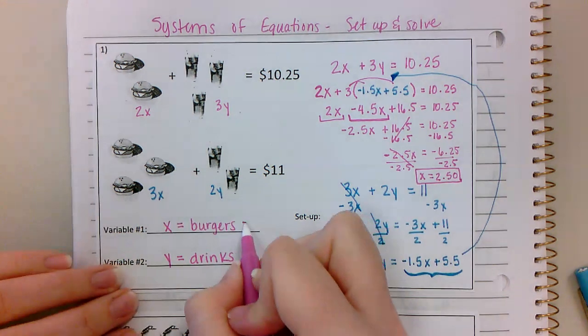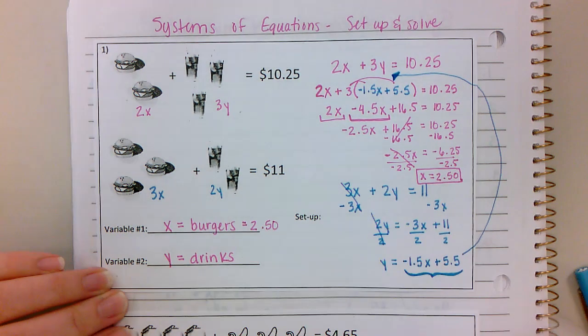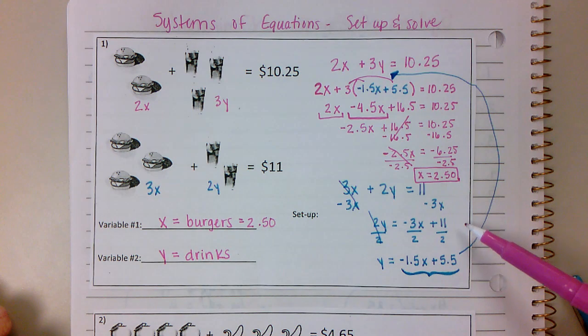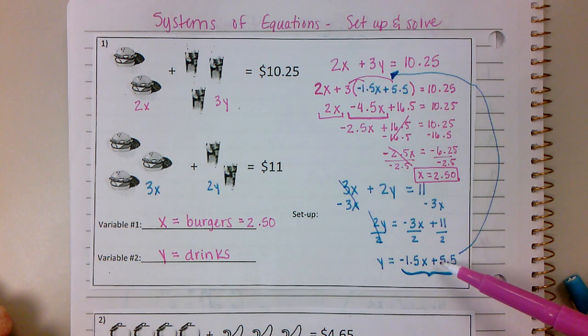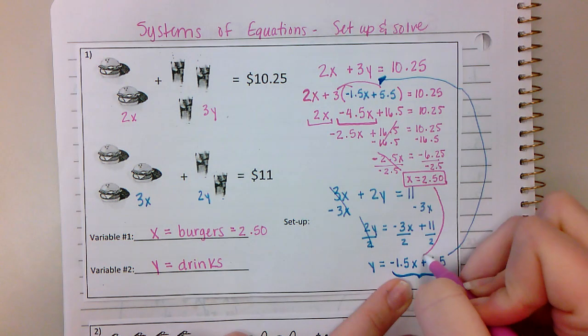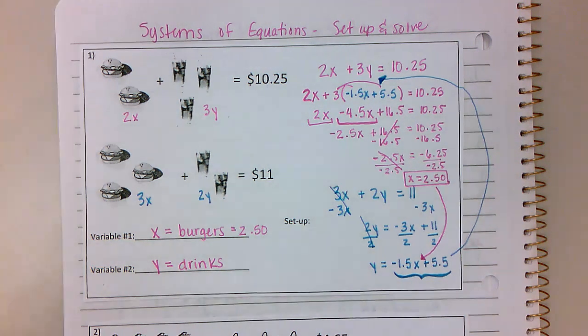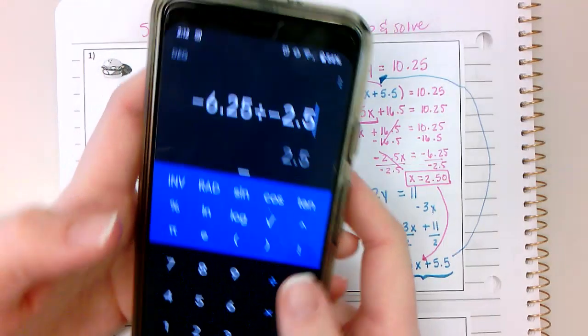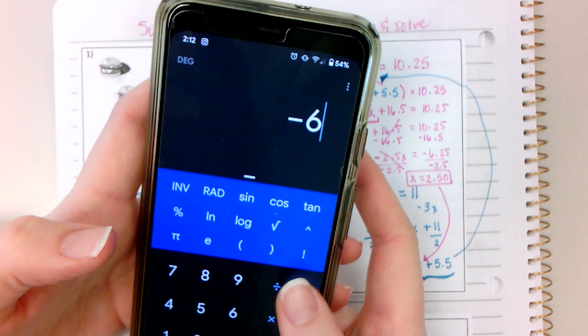So we just figured out that our burgers cost $2.50. Now that we know this, we can plug this back in where x is down here and figure out what y is. So take this, plug it in right there, and solve for y. At this point, go back to my calculator, erase everything.